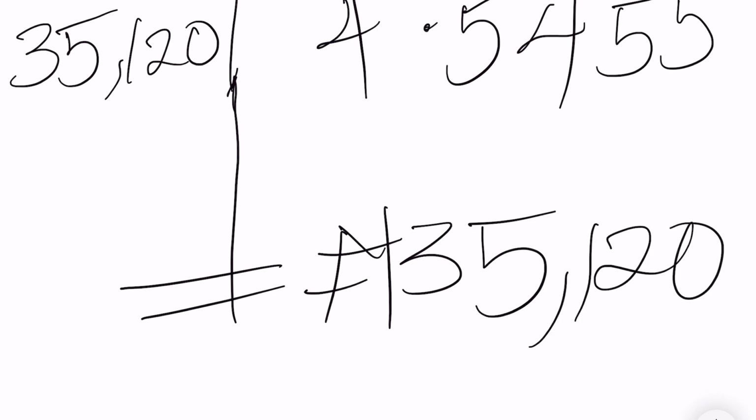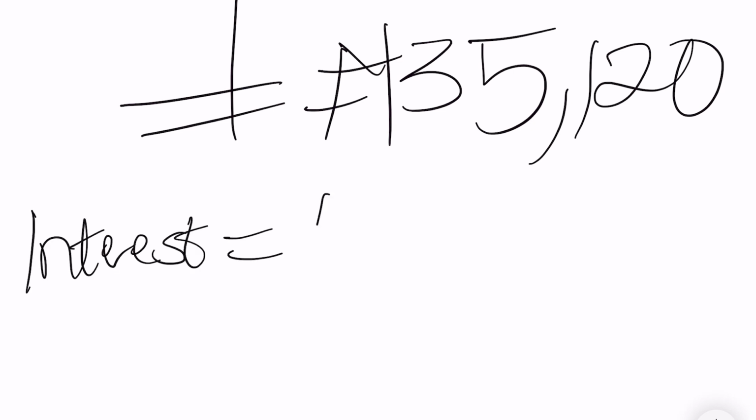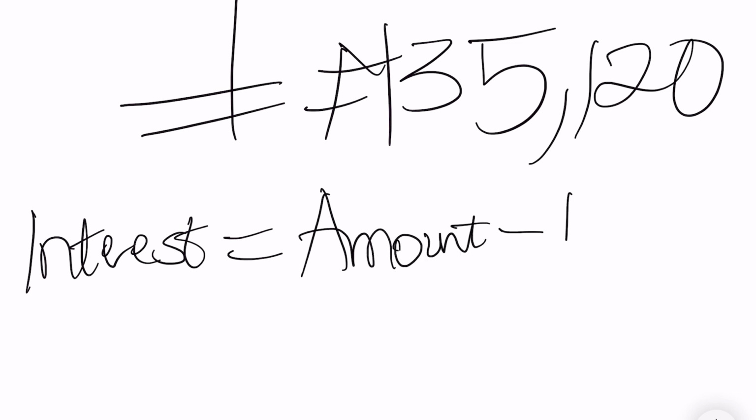Now it says calculate the interest paid on a fixed deposit. Basically, we are not to find only the amount, we are to find the interest paid on it. Now what do we do to find the interest? It will be amount minus our principal.